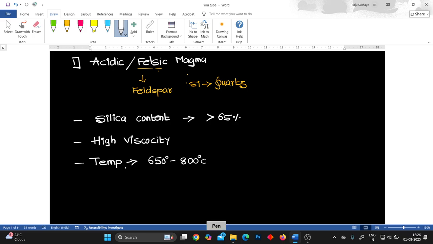Next, what should be the property of this particular magma? What will be the color of the rocks formed from this magma or lava?